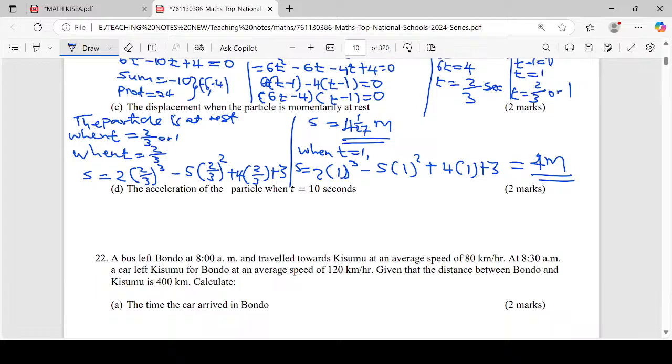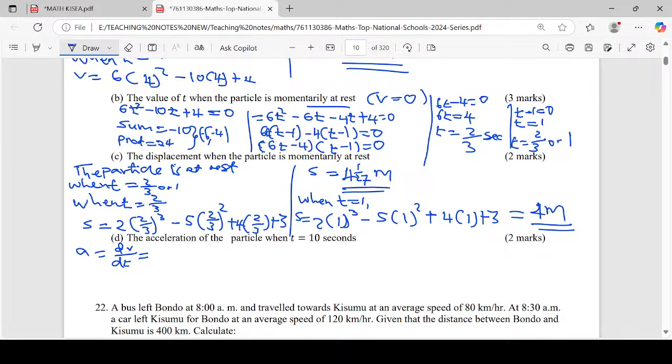The acceleration of the particle when t is equal to 10. Learners, how do you get acceleration? When you differentiate velocity with respect to time. Remember, acceleration is obtained by dv over dt. Velocity is 6t squared minus 10t plus 4. So when I differentiate it, I'm going to get 6t minus 10.